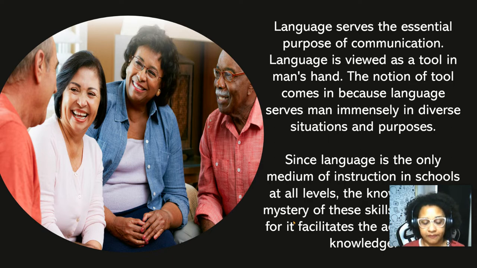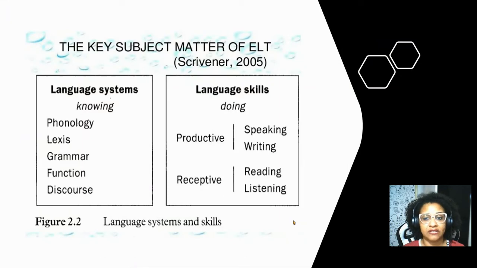So that's why so many people are searching for a second language, a foreign language, so they can break barriers and communicate to many more people. So then, Gene Scrivener in 2005, after a very long time studying English language teaching and being a valuable member of the ELT community, presented us with this model that has divided the matter of English language teaching in two key subjects: the language systems, the knowing part, for phonology, lexis, grammar, function and discourse, and the language skills.